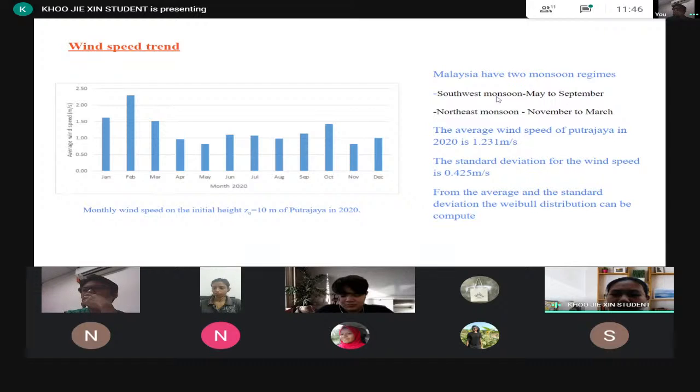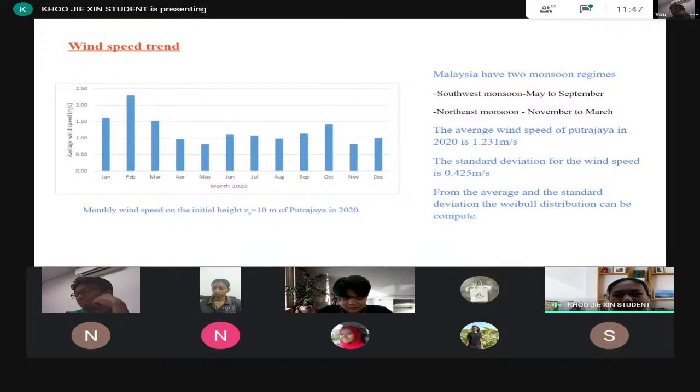The duration of the southwest monsoon is May to September, and the northeast monsoon is November to March. From the graph, the highest speed experienced by Putrajaya is in February, which is caused by the northeast monsoon.